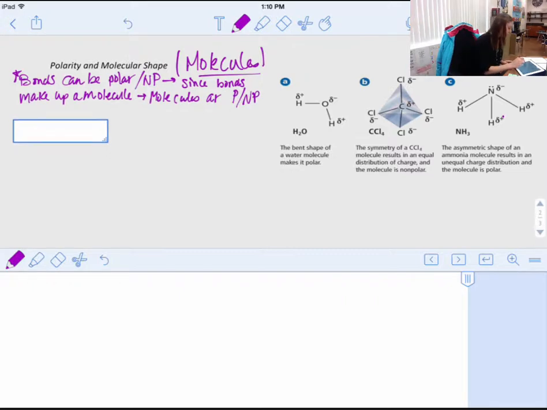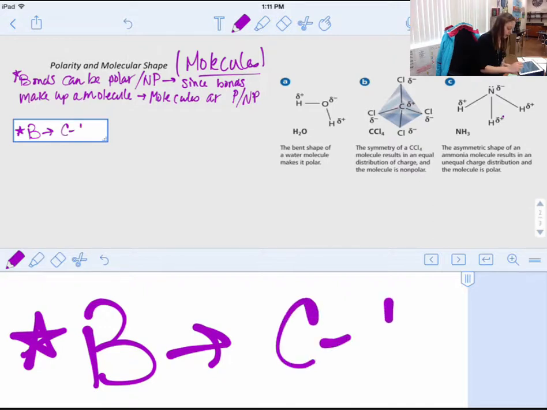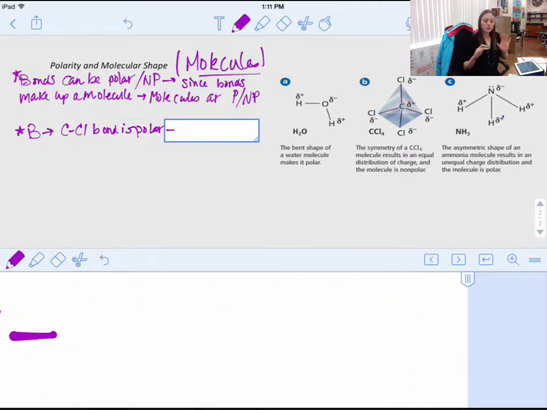We're going to take, for example, letter B there in the picture. We read the little caption. It says that the symmetry of the CCl4 molecule results in an equal distribution of charge and your molecule is nonpolar. So even though that carbon-chlorine bond is polar, all of those bonds are equally pulling outward.